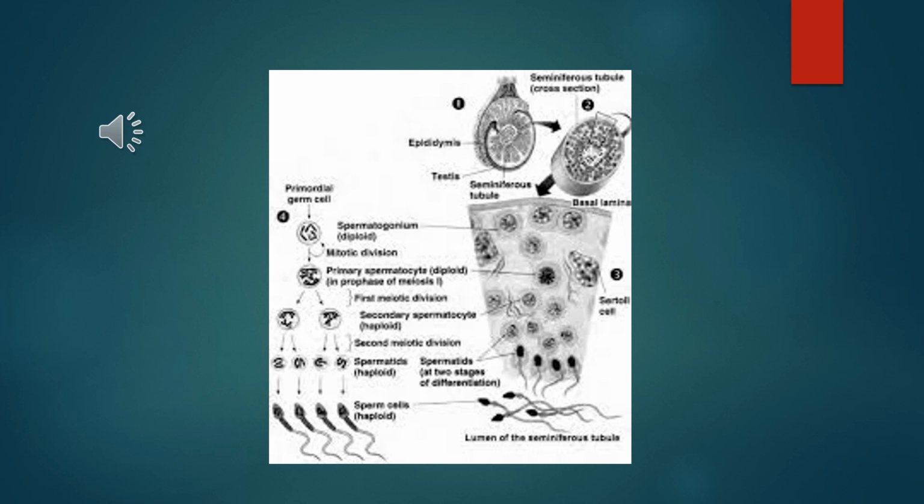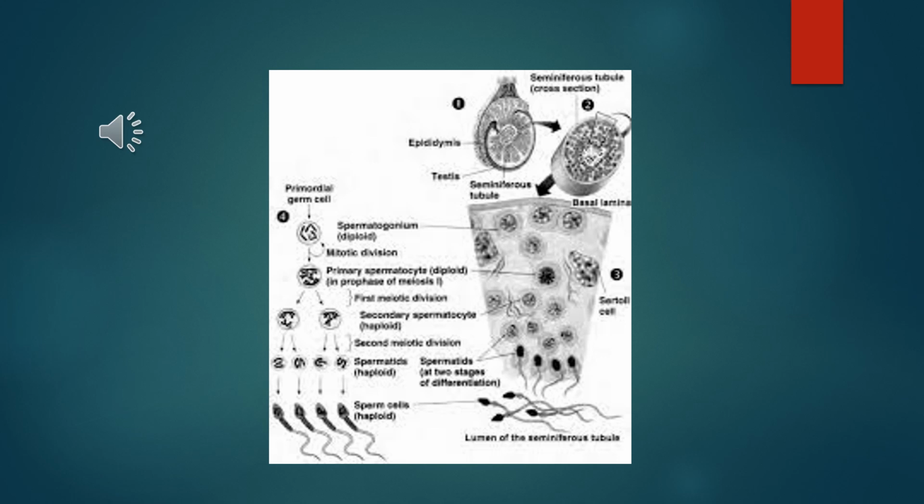So in the section of the seminiferous tubule, the basal one next to the basal lamina, you are seeing the spermatogonium, and this spermatogonium is dividing mitotically and producing the next, that is the primary spermatocyte. So this spermatogonium will mitotically divide and produce the stem cells as well as the primary spermatocytes.